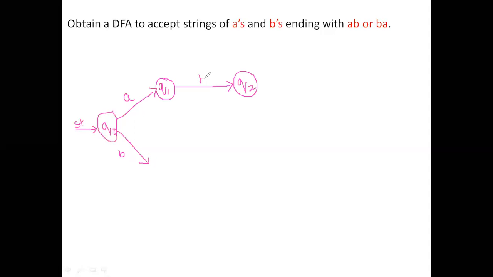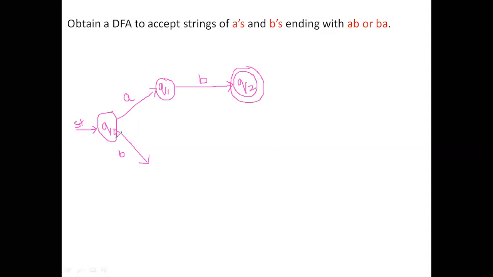If I consider the minimum string AB, it should be accepted by this DFA, meaning A is consumed by changing the state from Q0 to Q1, and then Q1 consumes B and changes its state from Q1 to Q2. Now I need to make Q2 a final state, then AB will be accepted, right?